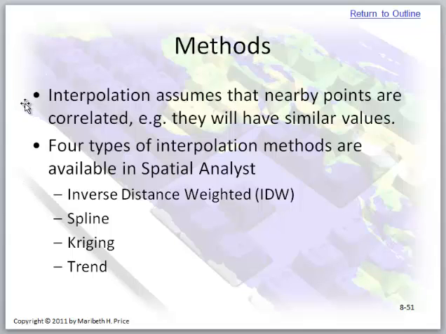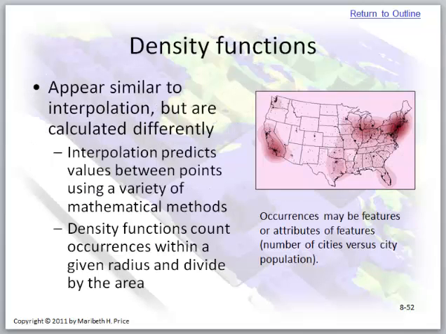Interpolation assumes that nearby points are correlated and will have similar values. Four types of interpolation methods are available: inverse distance weighted, spline, kriging, and trend. We will use IDW in 311 and likely move to kriging for other reasons in 312 or 412.